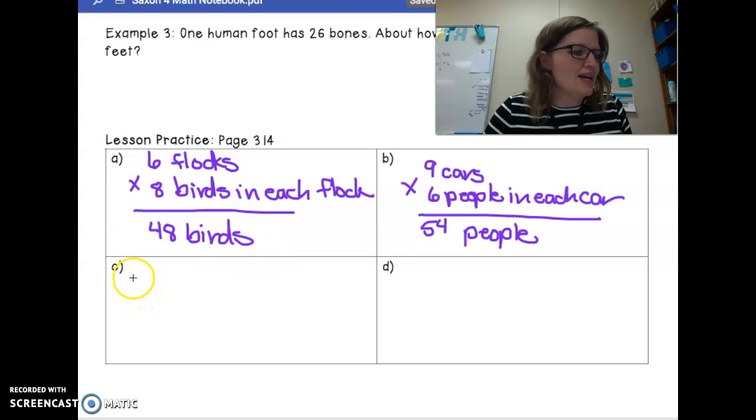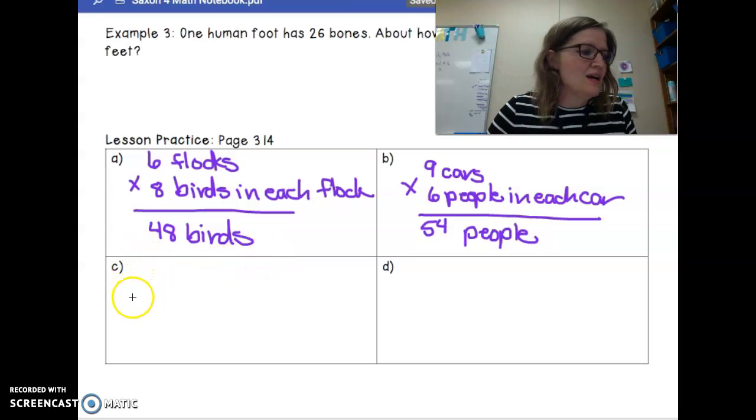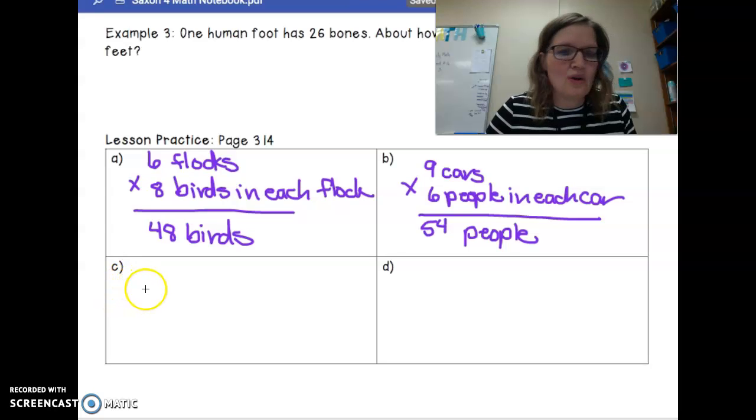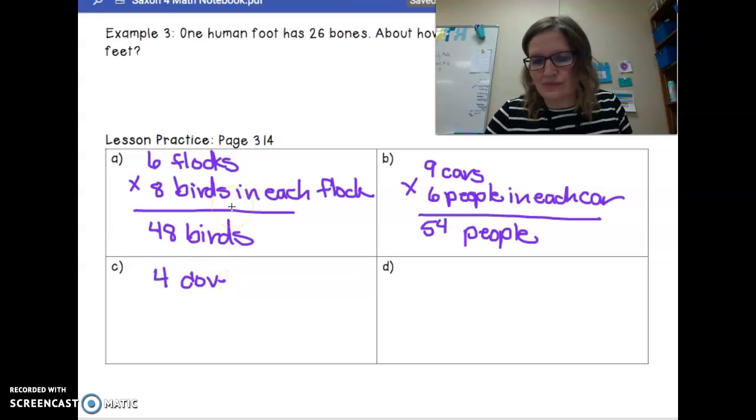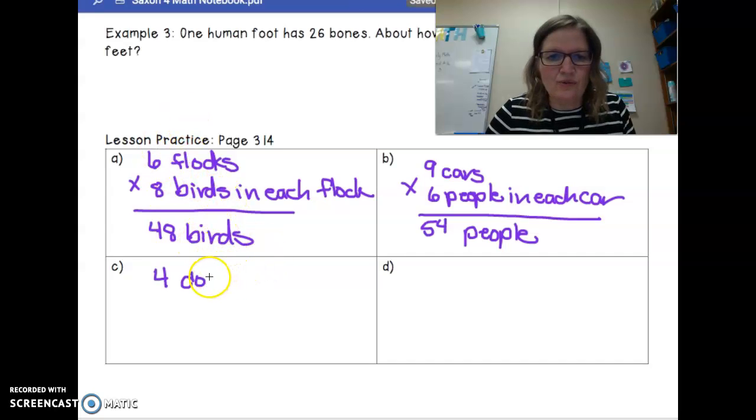And for C, a bakery displays 4 dozen muffins. How many individual muffins were in the display case? We know that we have 4 dozen, and we know that a dozen is 12.